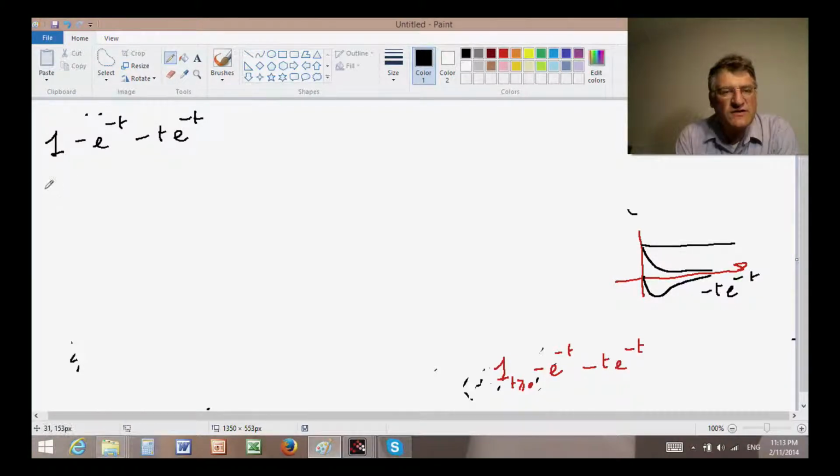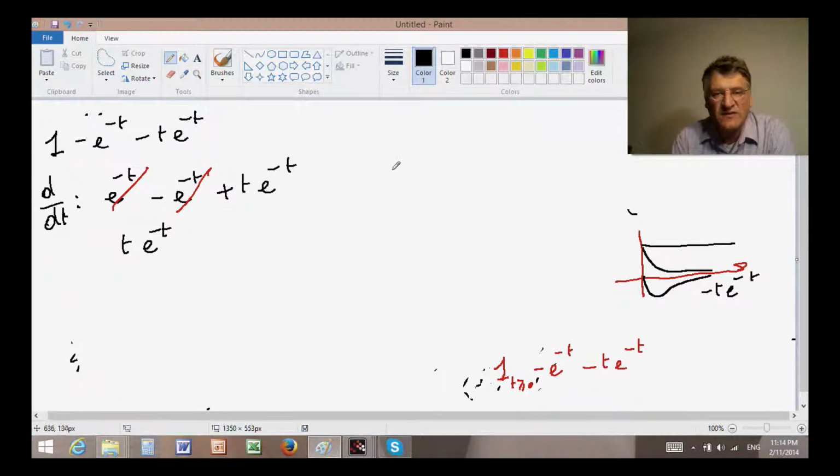I can take the derivative of this and I will obtain: 1 goes to 0, minus e to the minus t becomes e to the minus t, and minus t e to the minus t becomes minus e to the minus t plus t e to the minus t. So these two terms go away, and there remains t e to the minus t.